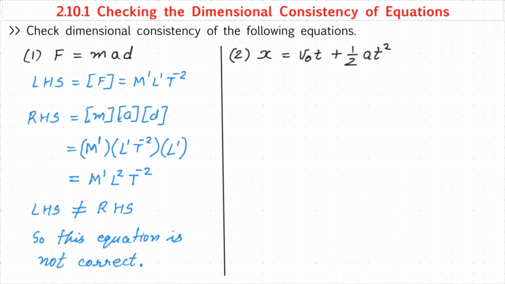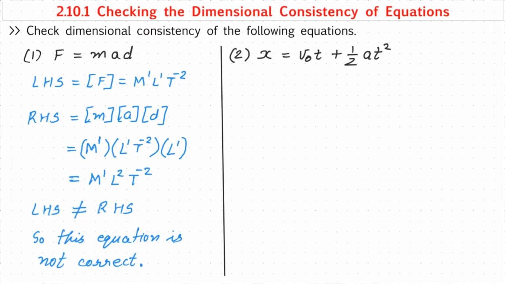Here x is equal to v0t plus 1 half at square is given. x is displacement, v0 is the initial velocity, t is the time, a is again acceleration and t is again the time. So in such a case, you can see there are two terms on the right side.